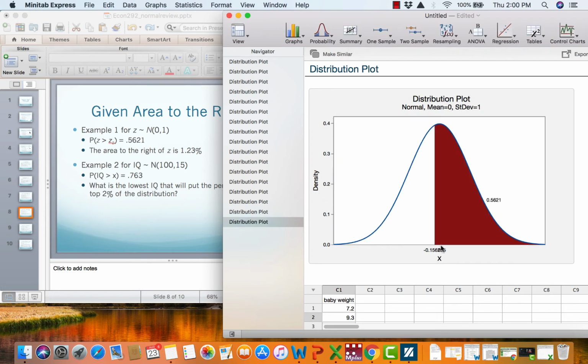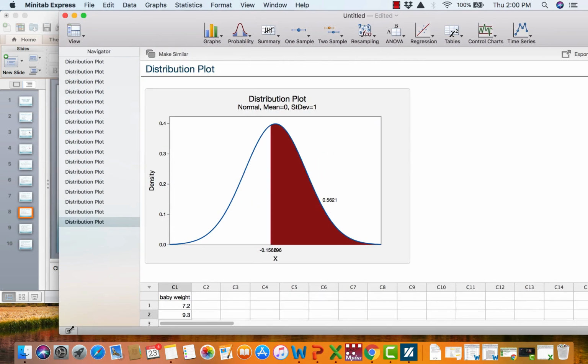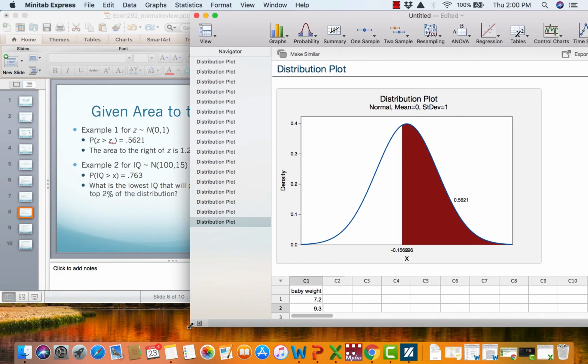All right, and unfortunately, we are not going to be able, and this sometimes happens. All right, so what I see here, and if you squint, you might see it too, is negative 0.156296. All right, now we're dealing with the right side of the distribution. All right, and if we want to round this to the thousandth, then we're looking at this 6.